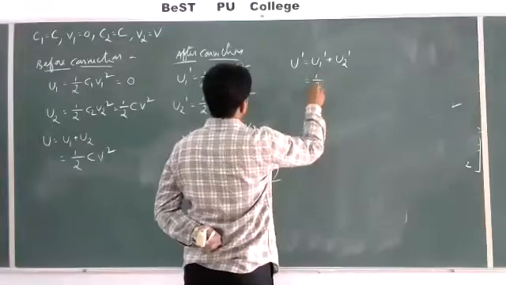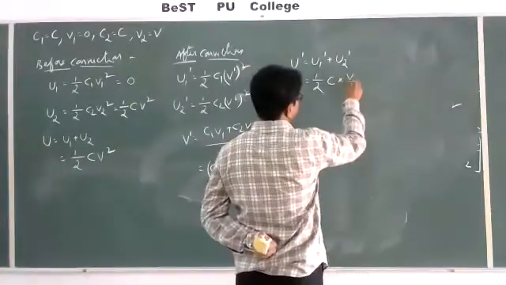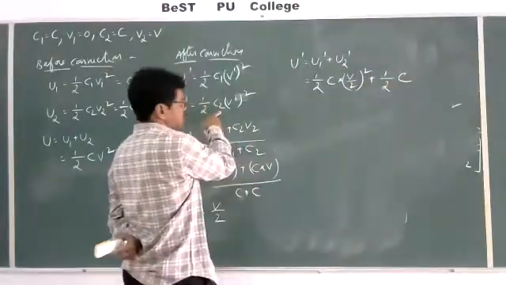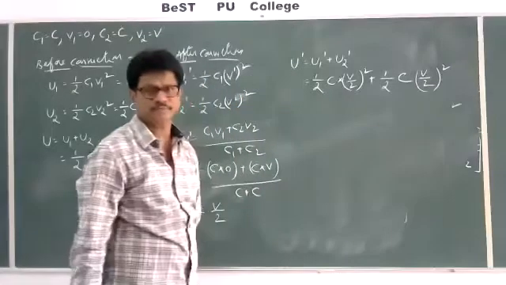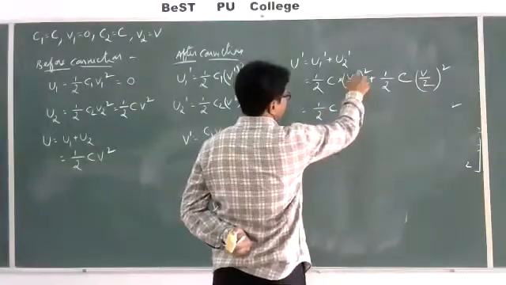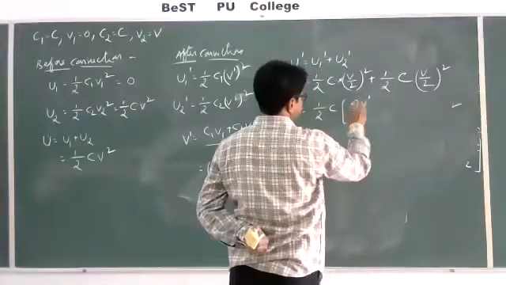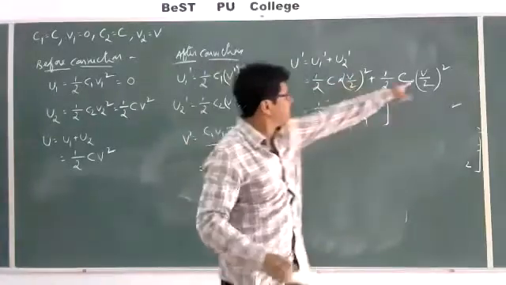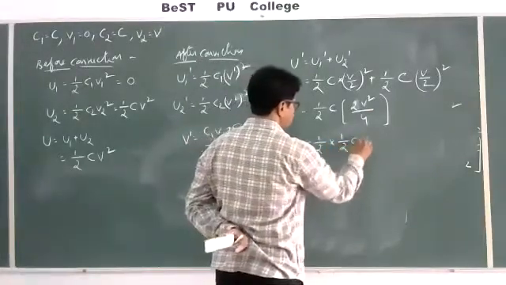U1 dash is equal to half, C1 is equal to C, V dash is equal to V by 2 whole square, plus half, C2 is equal to C, V dash is equal to V by 2 whole square, which is equal to half C into V square by 4 plus V square by 4, which is 2 V square by 4, which is equal to half into half CV square.